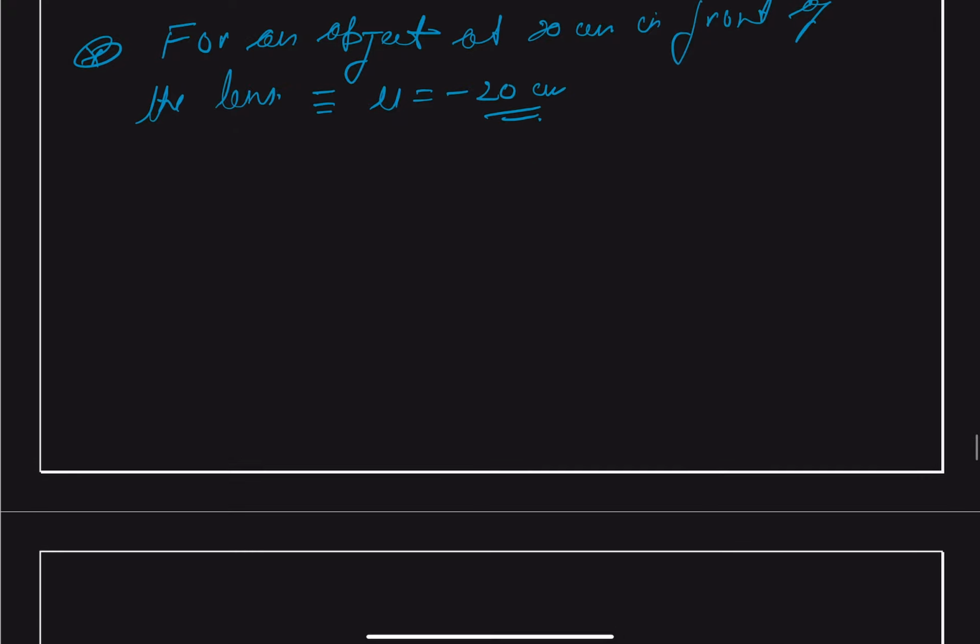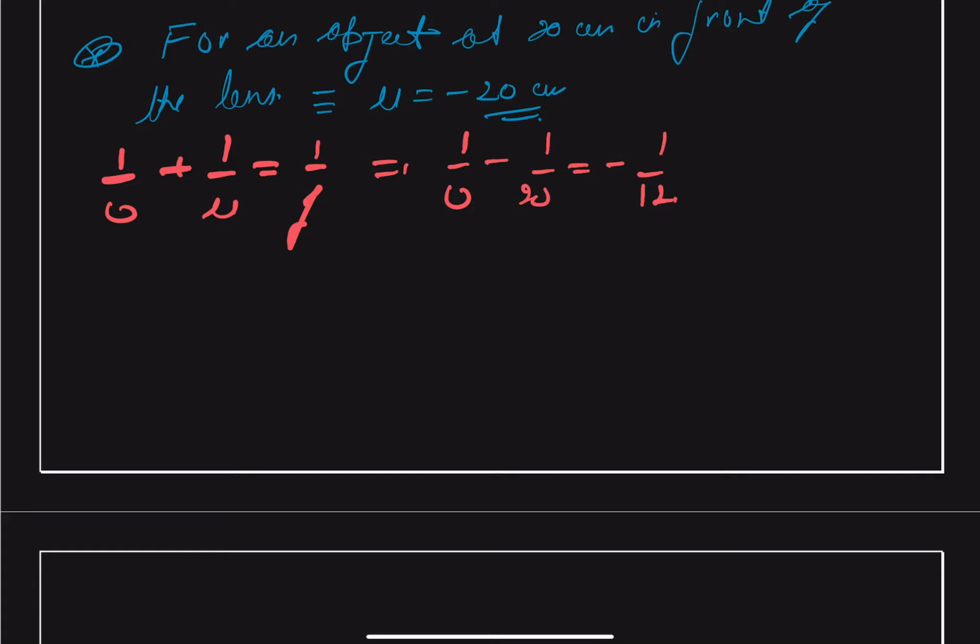So once again, the basic formula 1 upon v plus 1 upon u is 1 upon f, and this gives us 1 upon v minus 1 upon 20 is equal to minus 1 upon 12.